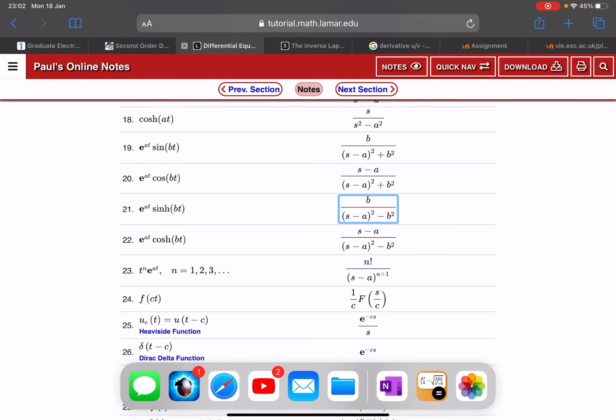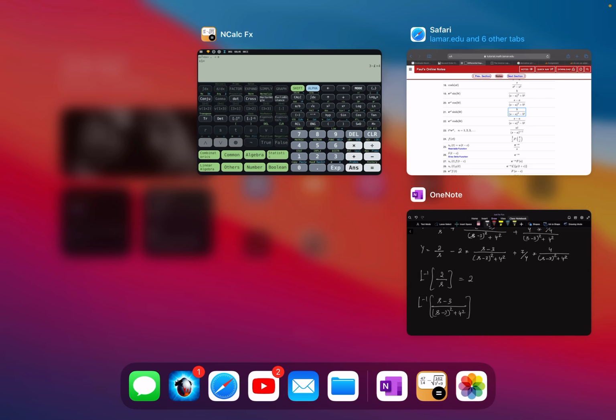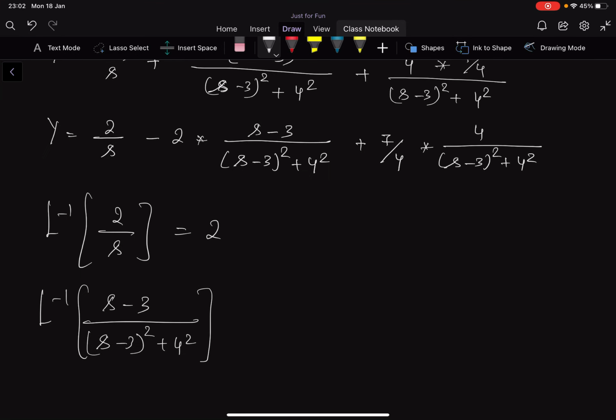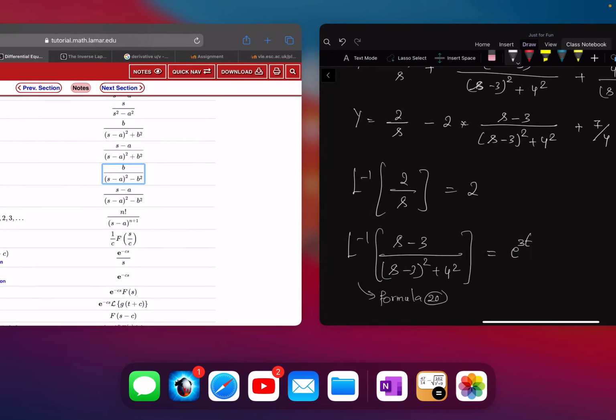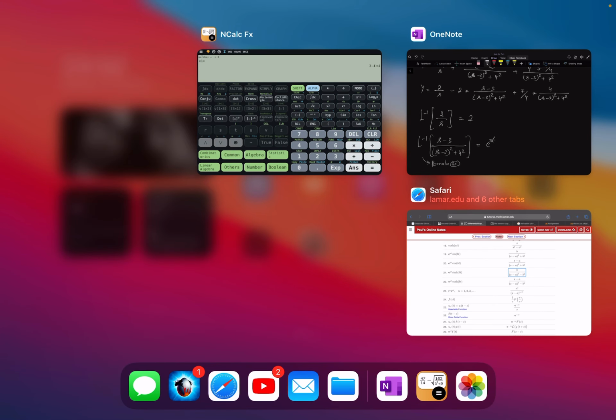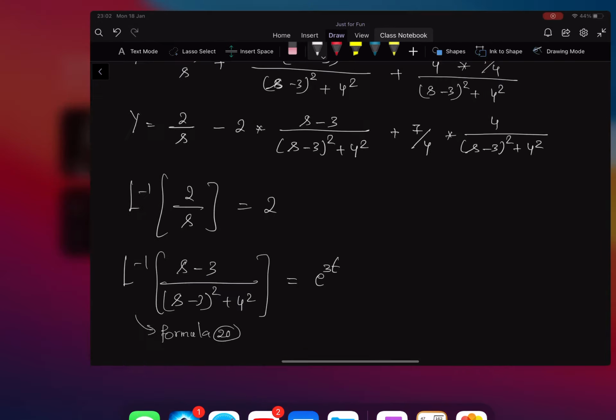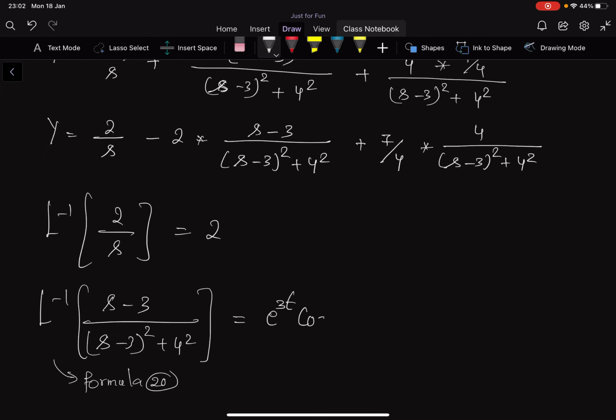So this is formula number 20. It's going to give us nothing but e power 3t, and then is it cos or sine? Formula 20 is cos. So cos of b value, which is 4t.